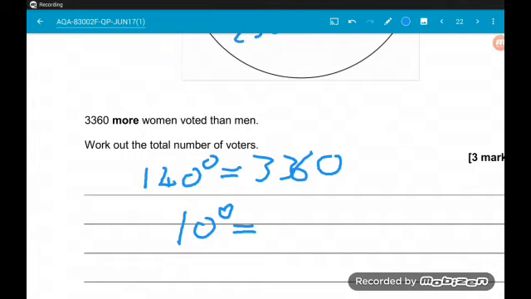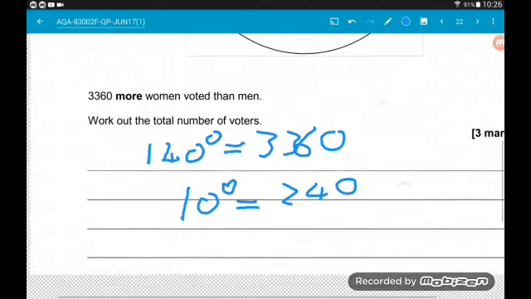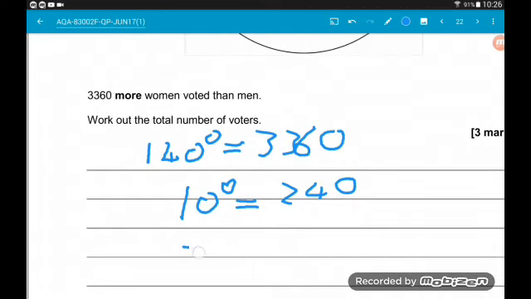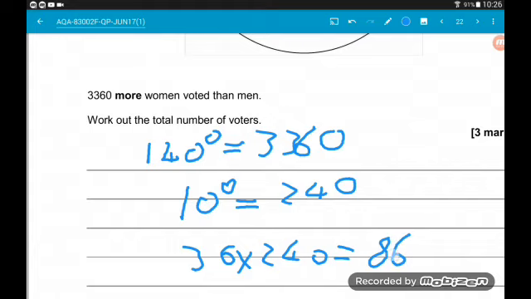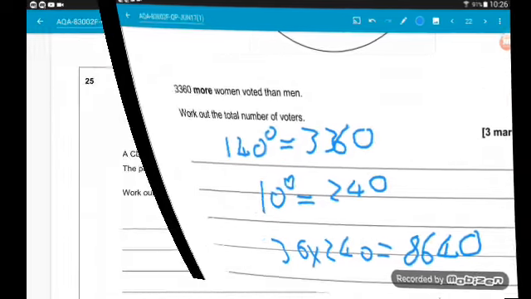Okay, so we get for that 240 people. So every 10 degrees in the pie chart represents 240 people. There are 36 lots of 10 in 360. So the final thing we need to do is 36 times 240, and that gives us 8,640 people. Jobs are good.